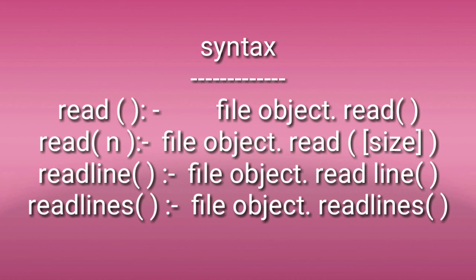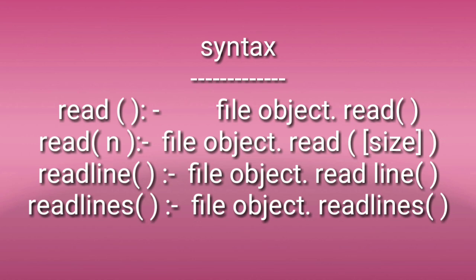Suppose the file object name is f, then you can use f.read, which will read the entire data from the file. After reading that, you can use the print function for printing the data.